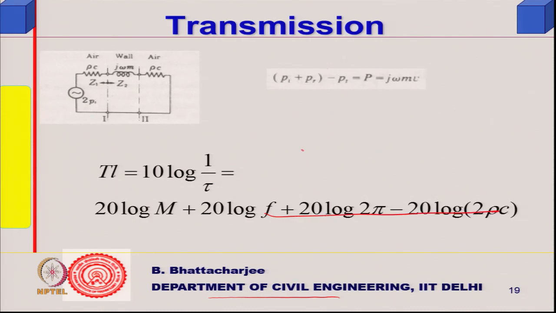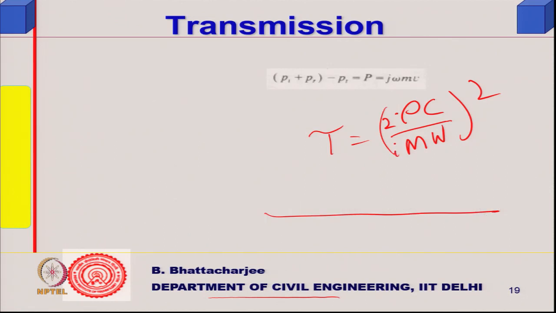So, tau, we have seen, was 2 rho c divided by m omega square.